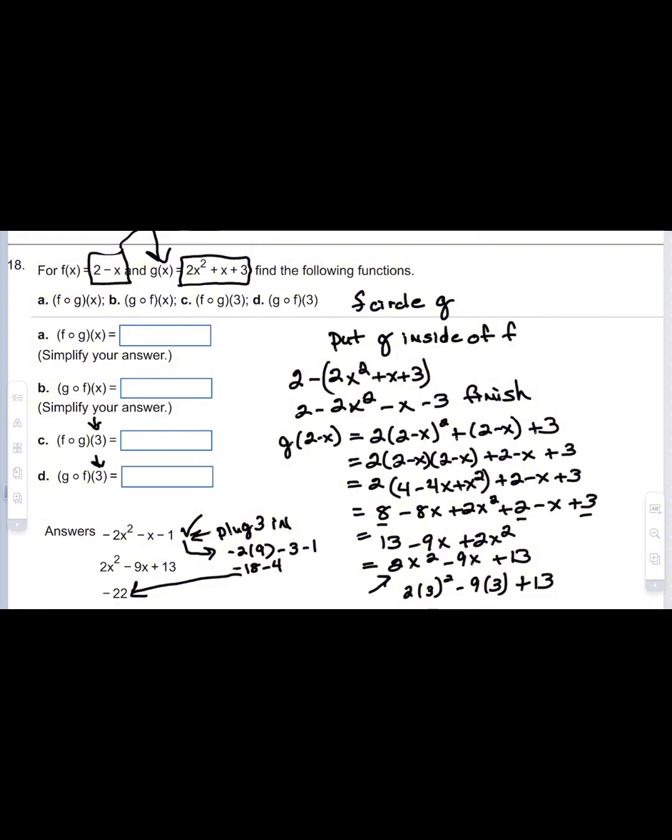Sorry, it is a little hard to see here, but you just take 3 and you plug it into the function where you have 2 times x squared minus 9 times 3 plus 13, and that's where you get your result at the end. It is hard to see, but just plug it in and you'll figure it out. So if you just follow my example, you'll see the result there. It's 4.